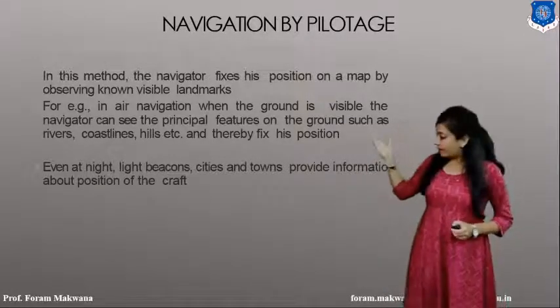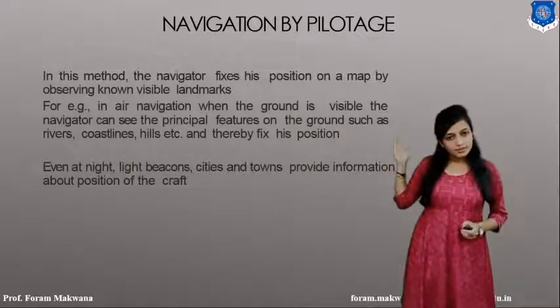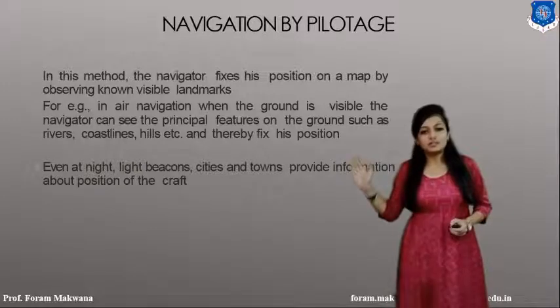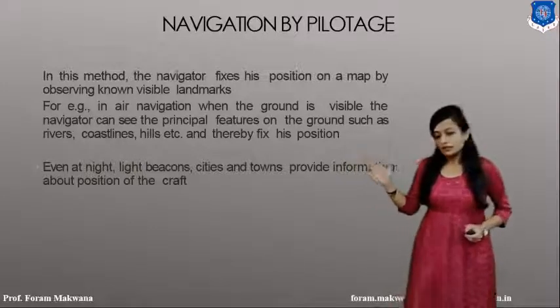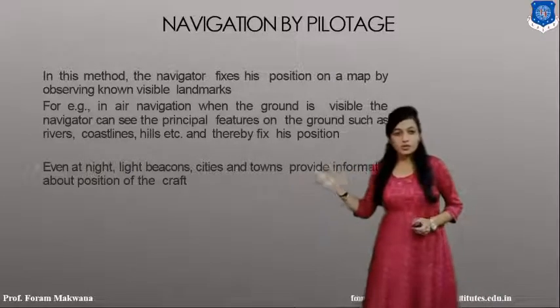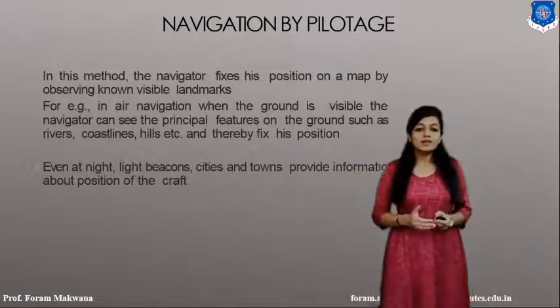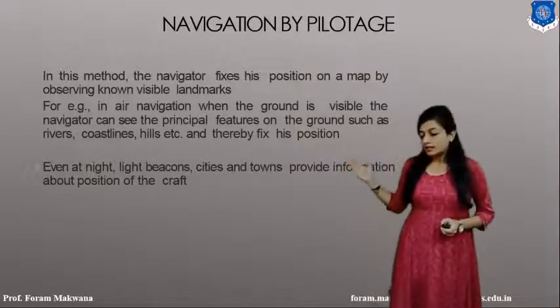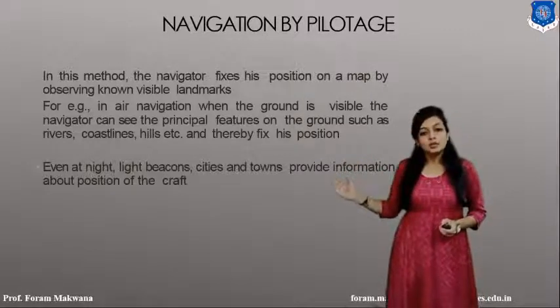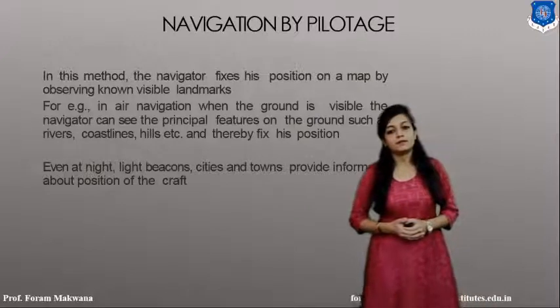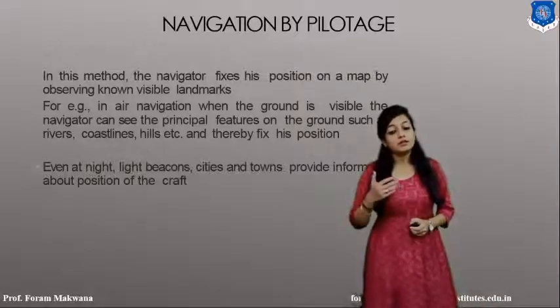So in air navigation, when the ground is visible, a navigator can see the principal features on the ground such as rivers, coastlines, and hills. Based on that, he is able to fix the position of the aircraft.